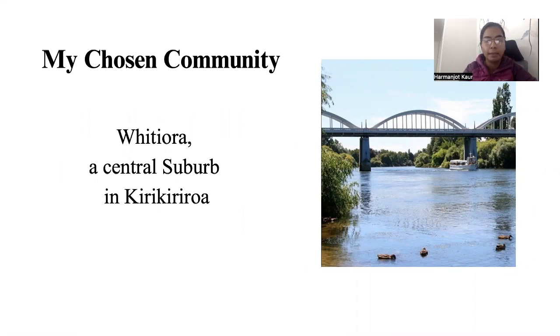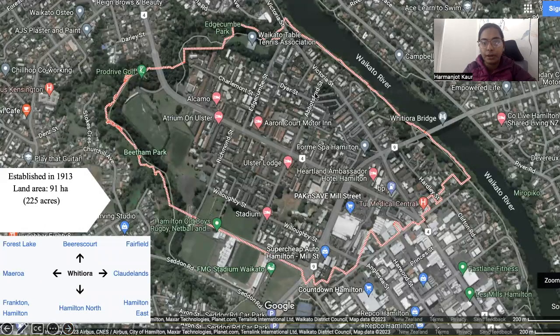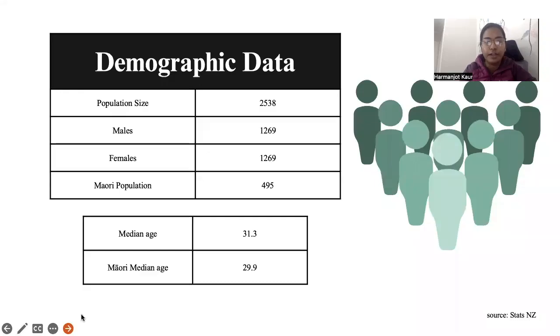Let's look at the geographical location of Fitiora. Fitiora lies on the west bank of the Waikato River, a stretch of the Hamilton West town belt, and the river runs through Fitiora. Talking about demographic data, the population size as of June 2022 is 2,950 people living in Fitiora.